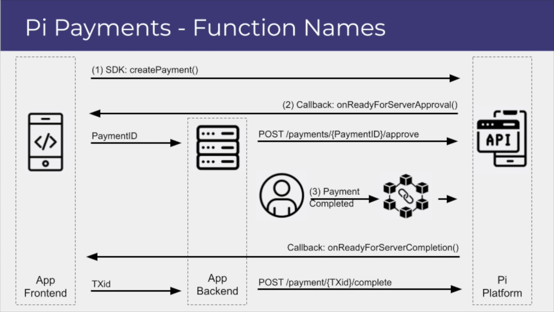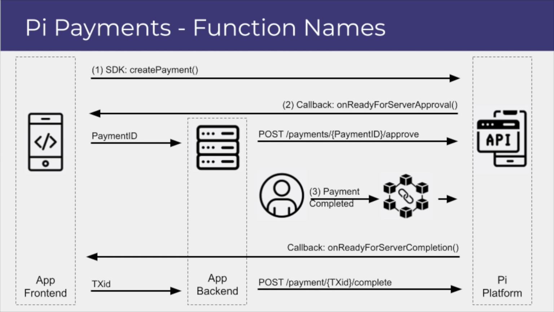SDK meaning the front-end JavaScript library that gets integrated into the app front-end. And the app front-end calls a method that's called createPayment. And createPayment takes a few JavaScript callbacks, so kind of small methods that are used to handle events happening on the payment.